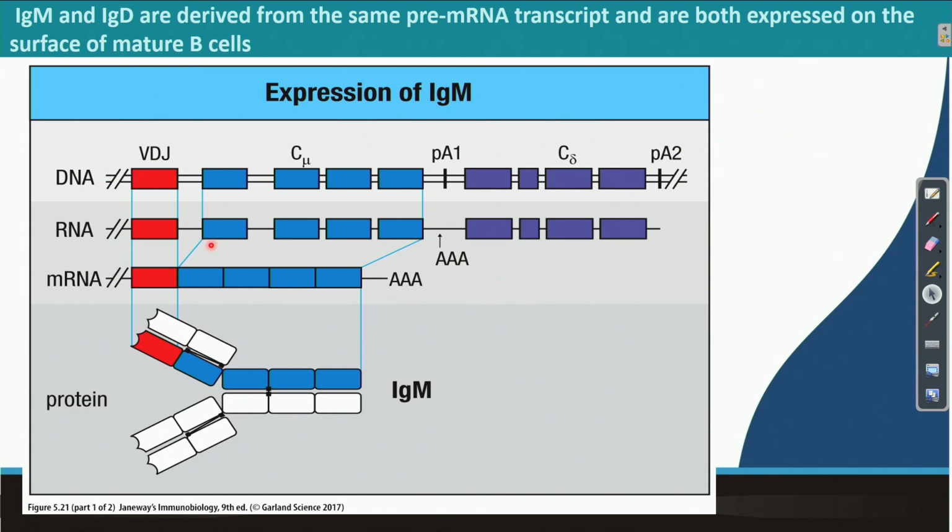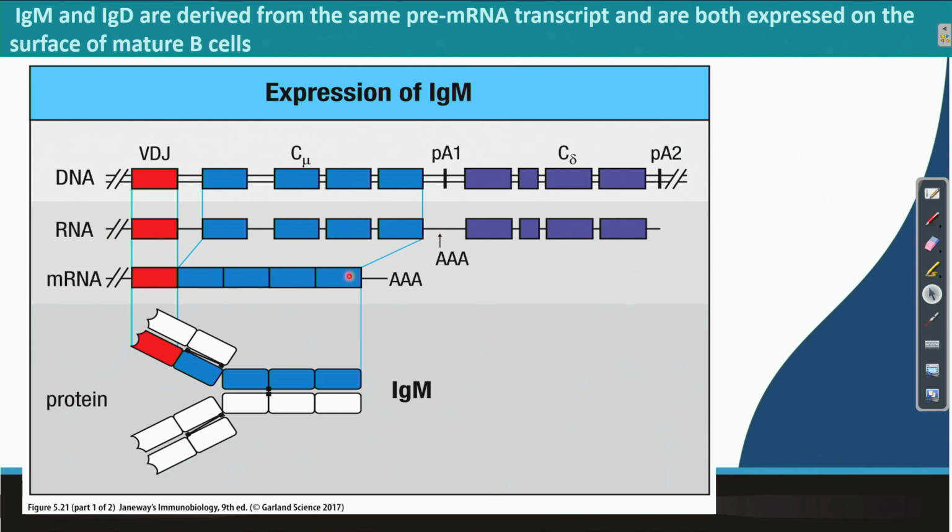After transcription, this precursor RNA undergoes splicing, and after splicing the mature mRNA comes, and this mRNA is responsible for the protein sequence. This RNA sequence has one VDJ plus C mu segment and C delta segment.